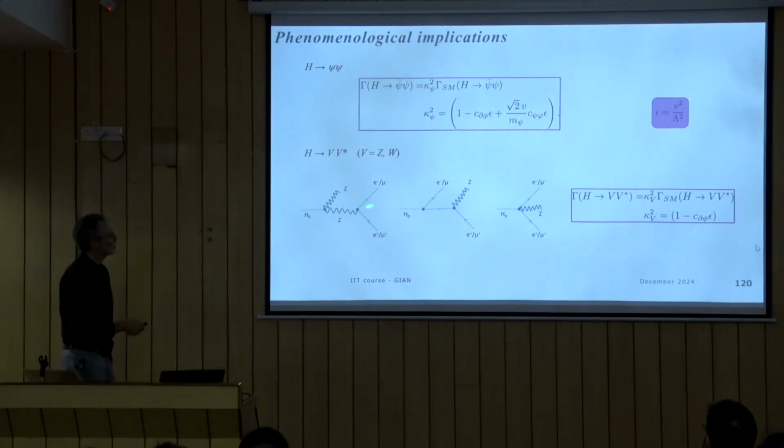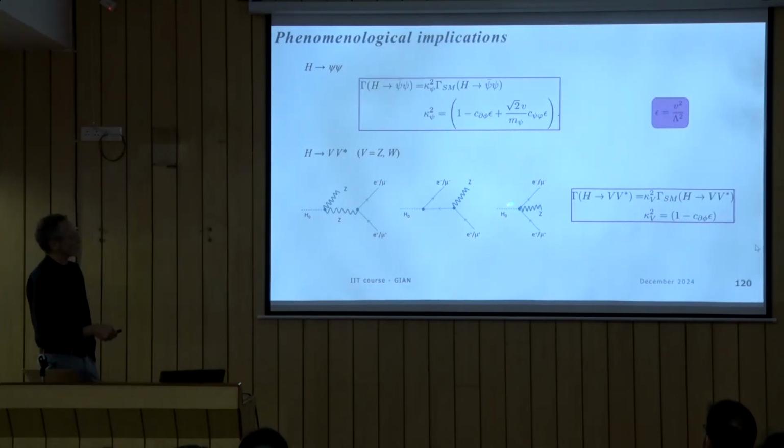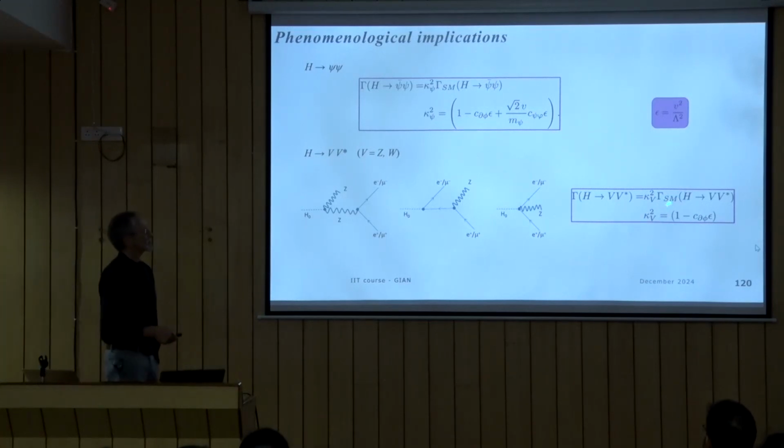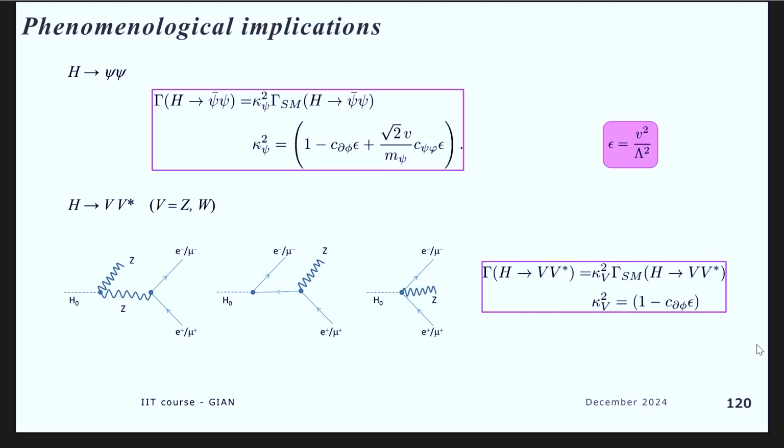This also, and this actually is very small for the same reason. And I'll come back to this in a second. And therefore, this is affected only by the wave function renormalization of the Higgs potentially. All the other effects are there, but they're too small.